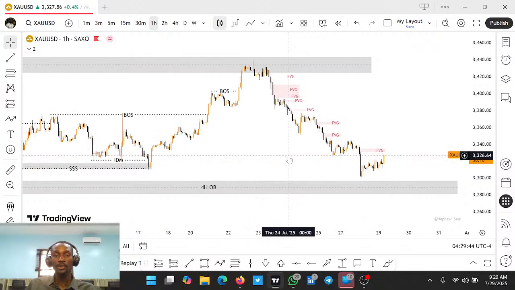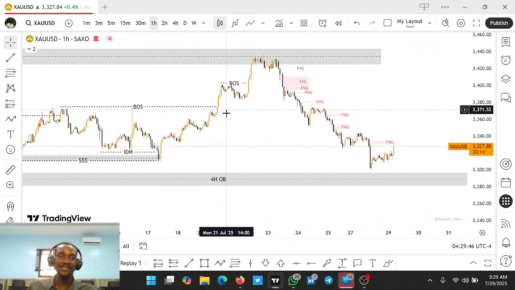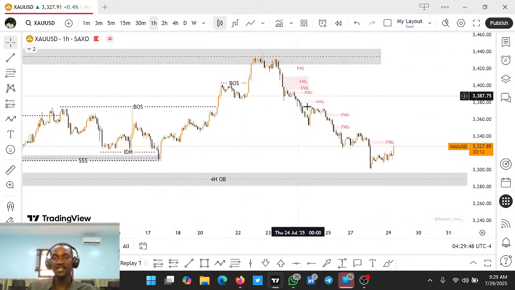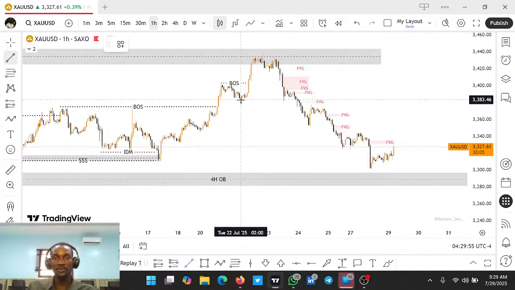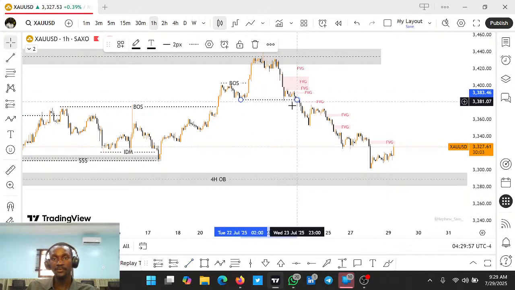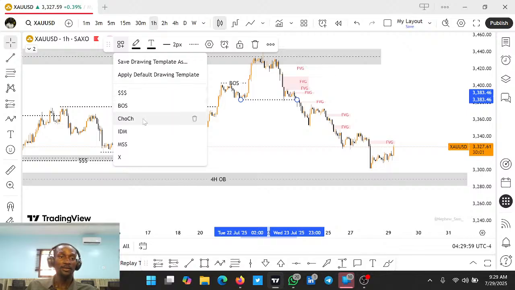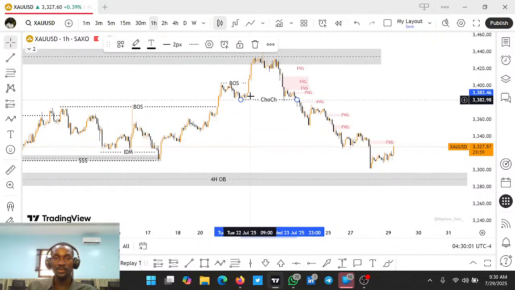Okay, let's continue. So, I said gold currently is in a downtrend, right? Now, this is the recent break of structure to the upside. And what do you see? Gold gives us a change of character, right? Because when this break of structure was broken, the low was supposed to be a protected low.